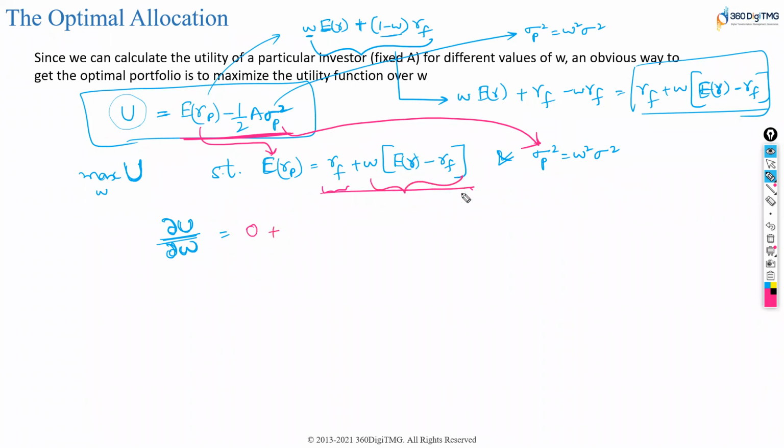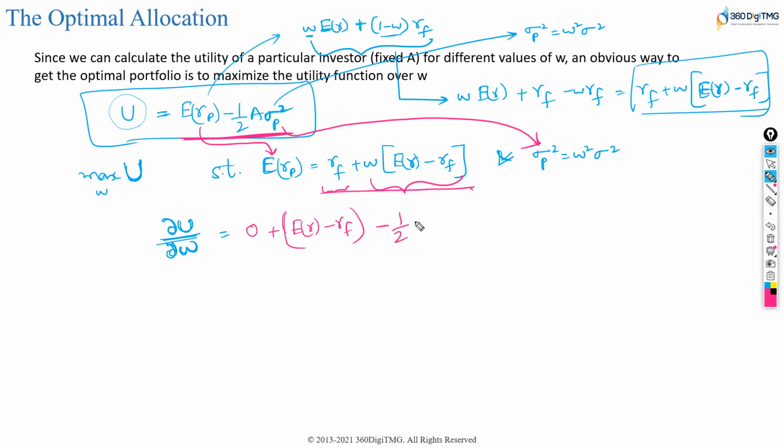Derivative of this with respect to W you are doing, right? So this W will go away. You will be left with only this. Expected return minus RF. Okay. Minus half A this.